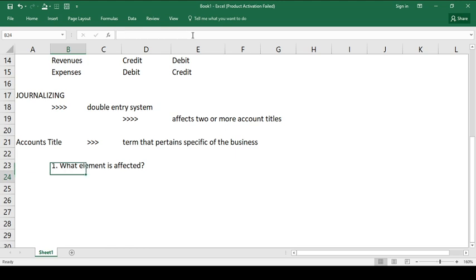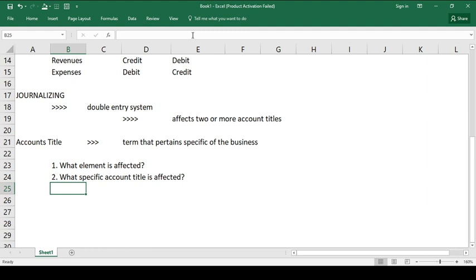Then the second one is, after you determine what element or elements are being affected, you need to determine the specific account title affected. Dapat mong makita kung ano yung specific account title na naaapektuhan. For example, the element affected is asset, under the account title of cash.